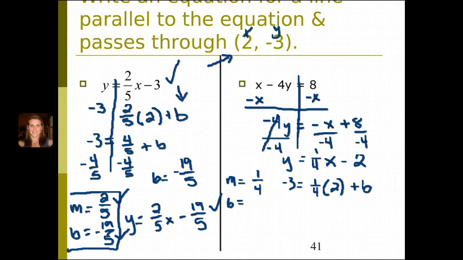From here, you would say that negative 3 equals 1/2 plus b.